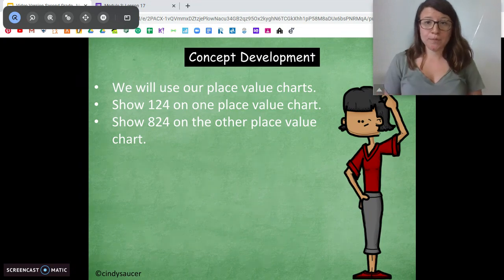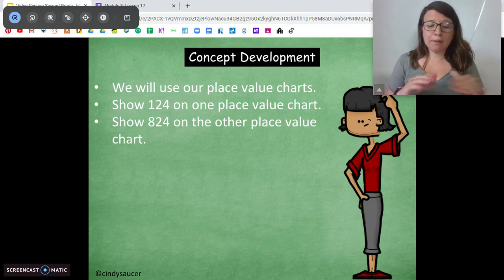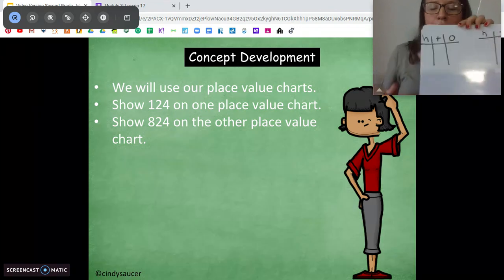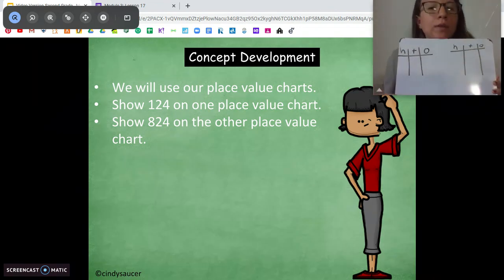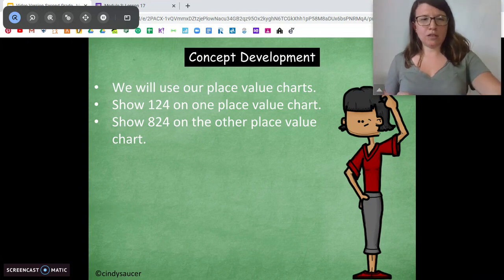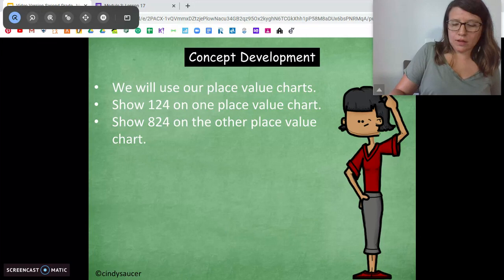Go. Got it? Okay, now in between your 2 place value charts here, I want you to draw me either a greater than, less than, or equal than sign to compare the 2 numbers. So go ahead and do that now. I'm going to write them in so that you can see.